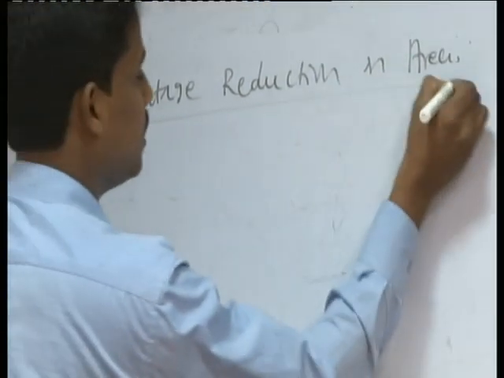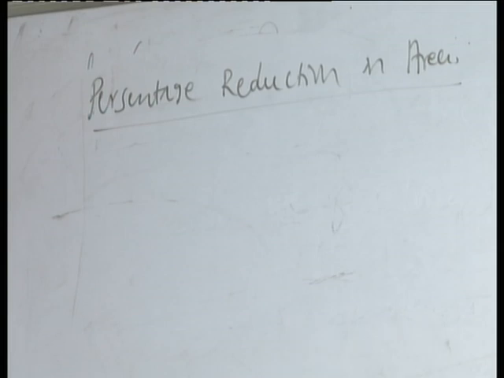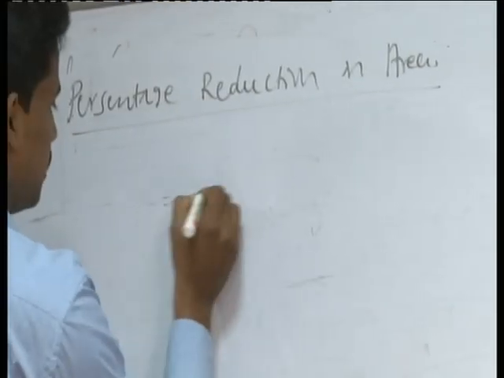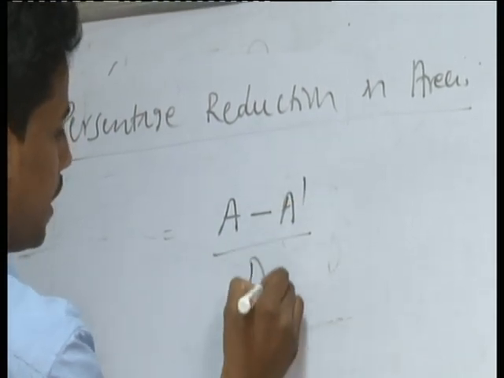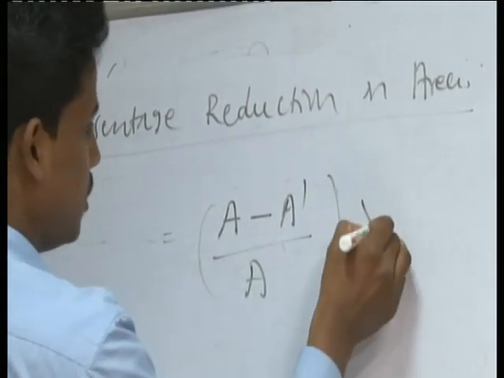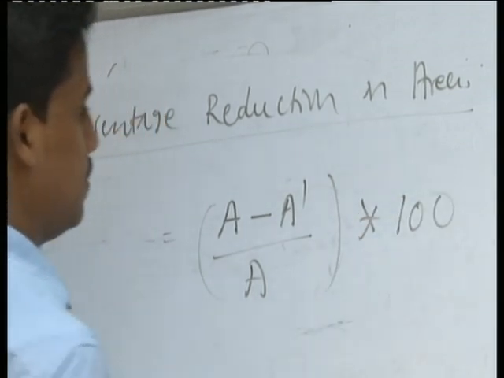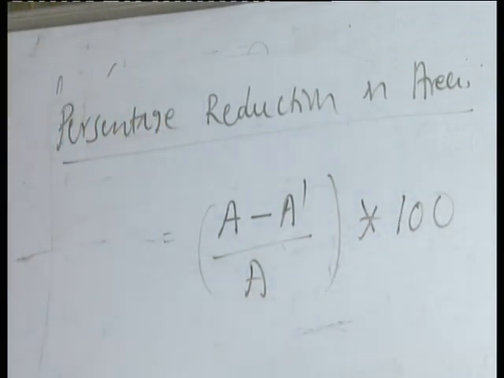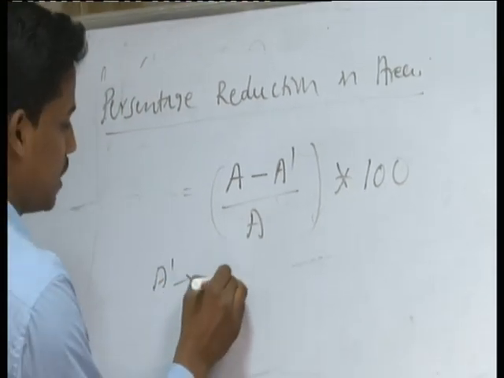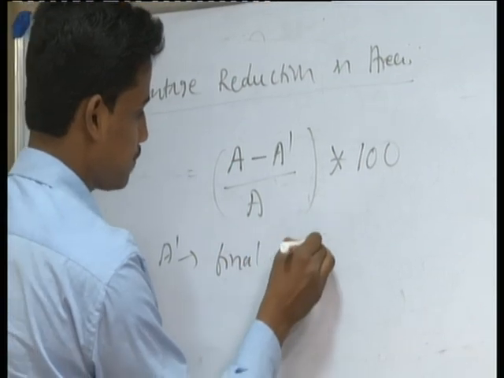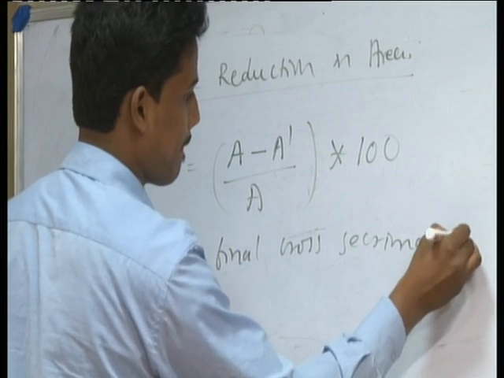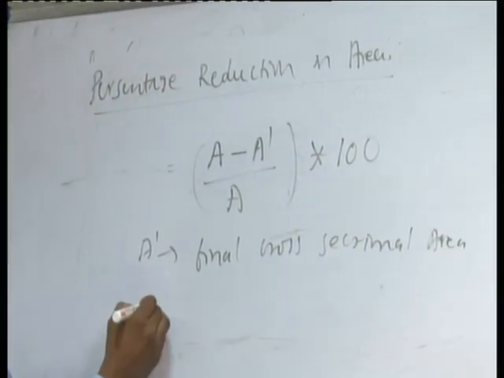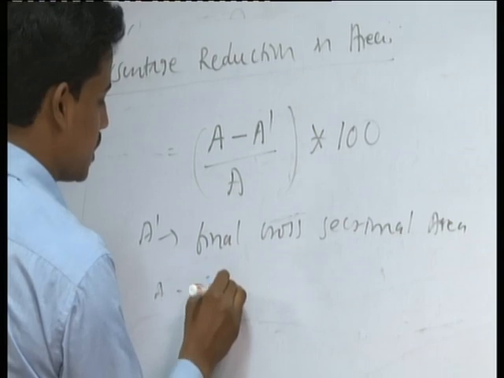Percentage reduction in area is A minus A dash divided by A into 100, where A dash is the final cross sectional area and A is the initial cross sectional area.